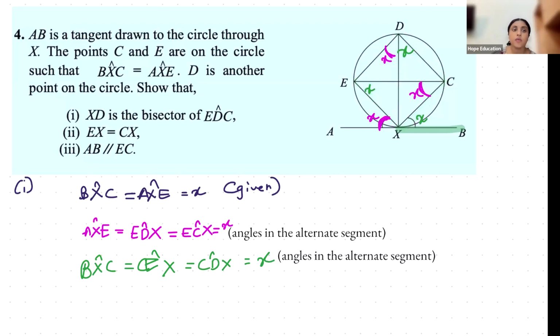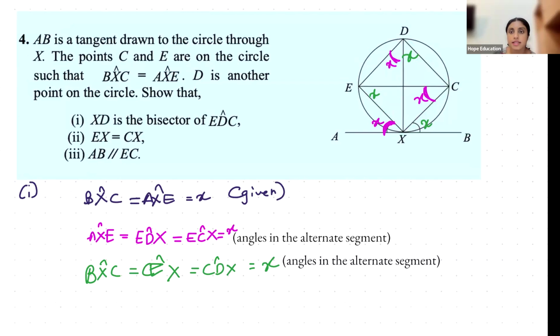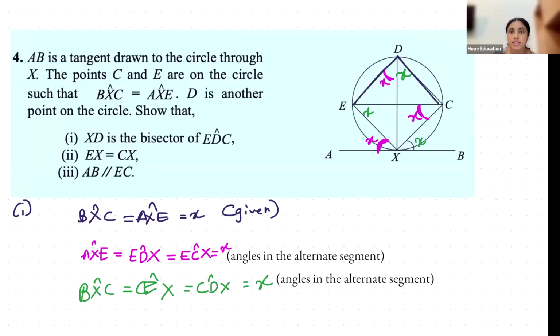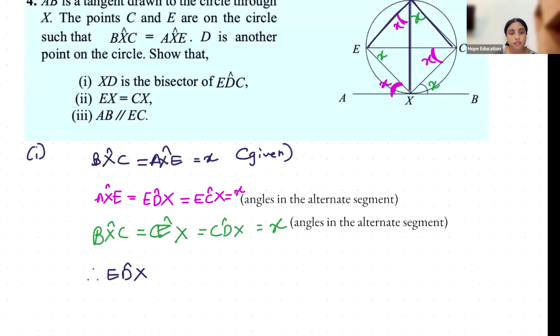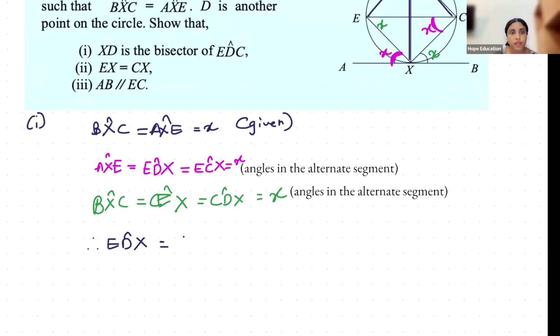Okay. Now we can clearly prove what they're asking you to prove, which is that XD is the bisector of EDC. EDC is this angle, this is XD. You can see both of these angles are equal. So I will write EDX, which is this, that is equal to X, and CDX is also equal to X. Therefore, they are equal.